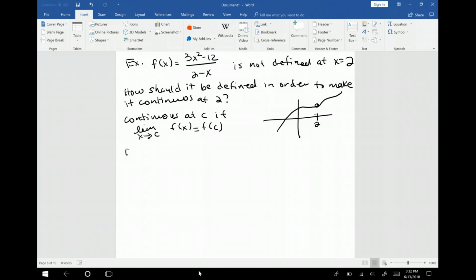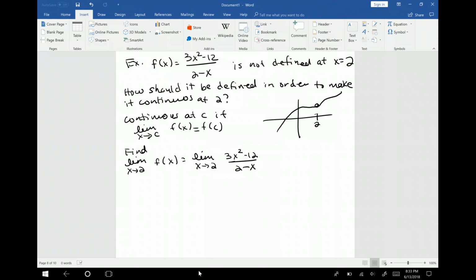So what we're going to do is find the limit as x approaches 2 of our function, because we know that it has to equal f of c. So this is the limit as x approaches 2 of 3x squared minus 12 divided by 2 minus x.